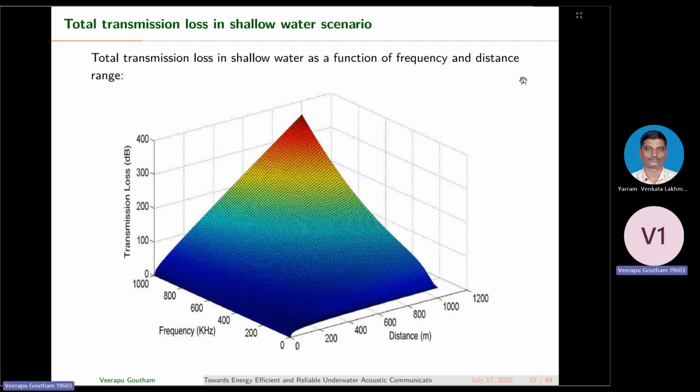If you see the scenario, for longer distances there is high absorption. If source and destination are separated by a longer distance, absorption is more. For lower frequency, there is less absorption, but when you go to higher frequencies, we get more absorption.